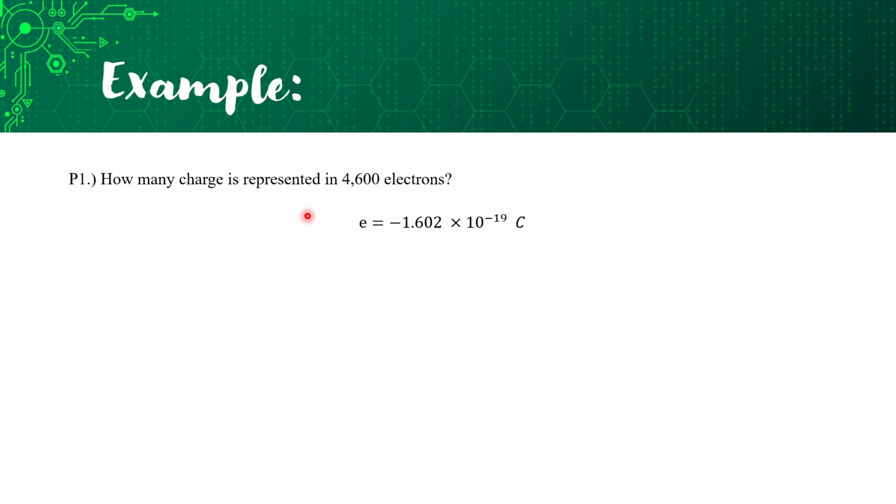This is just a simple multiplication. You just multiply 4600 times the value of an electron, and using a calculator, we get negative 7.3692 times 10 to the power of negative 16 coulombs.